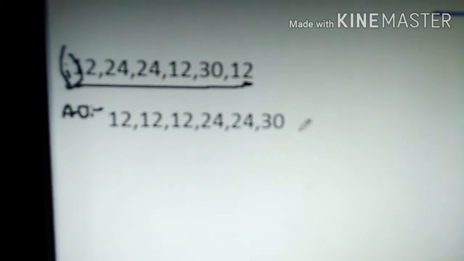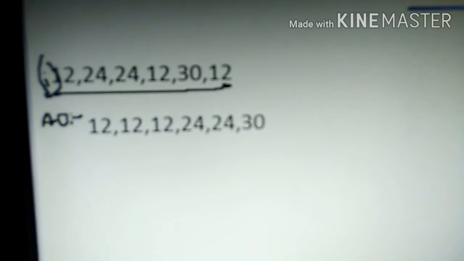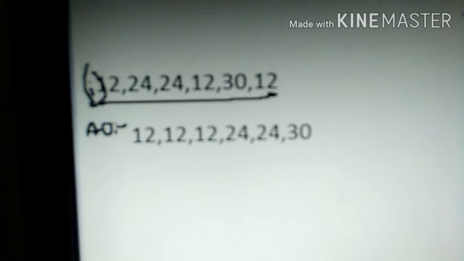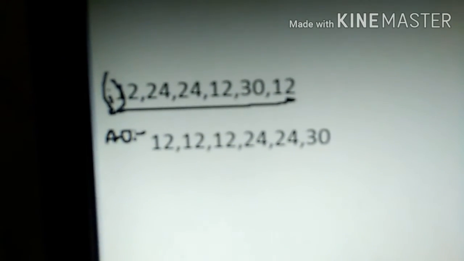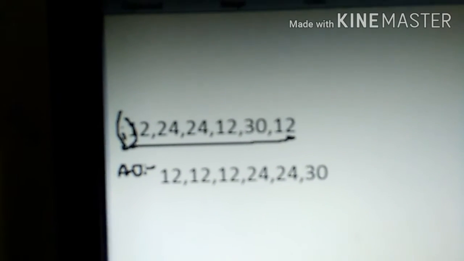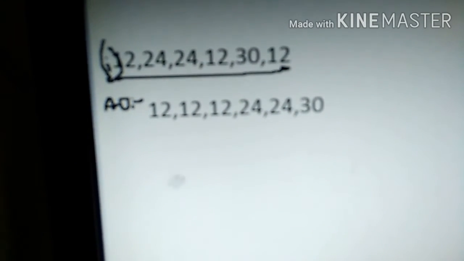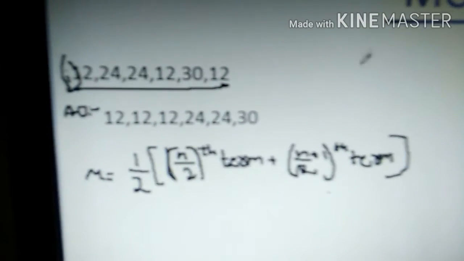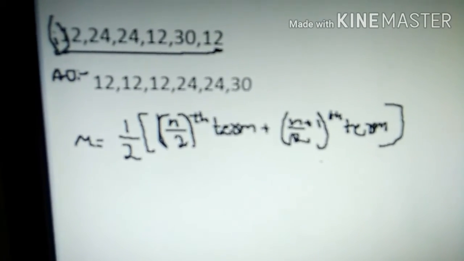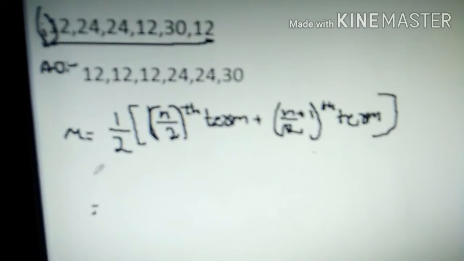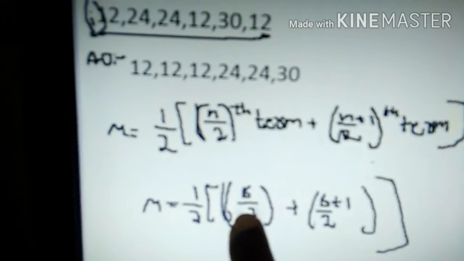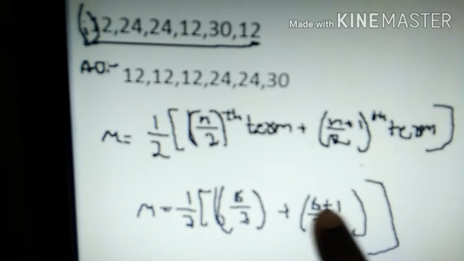As there are 6 observations, which is even, we need to use the formula: median is equal to 1 by 2 into the n by 2th term plus the n by 2 plus 1th term. We have written the formula here. Now in the next step we write 1 by 2, and as we have 6, it is 6 by 2 plus 6 by 2 plus 1.